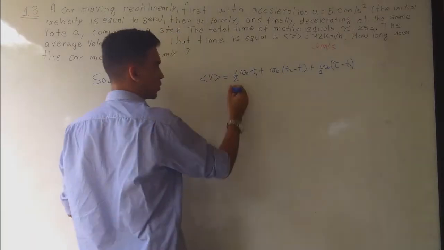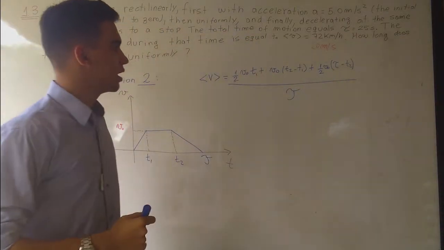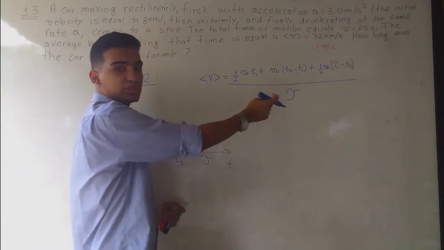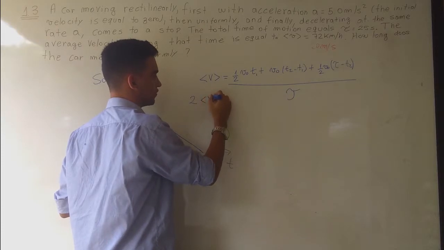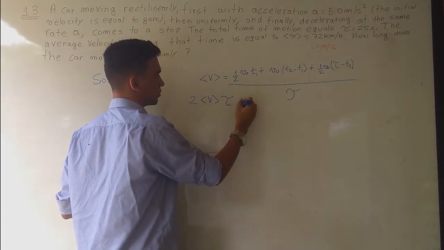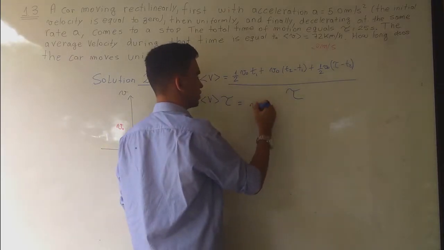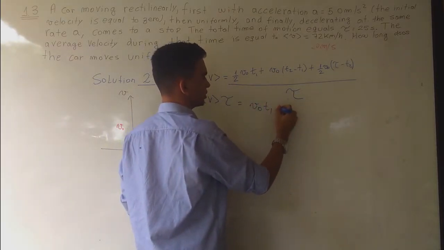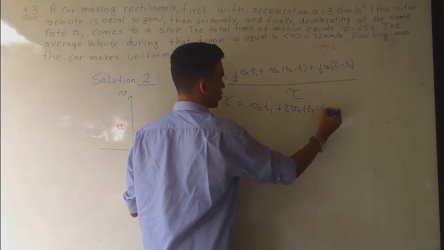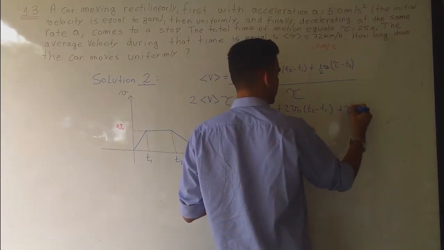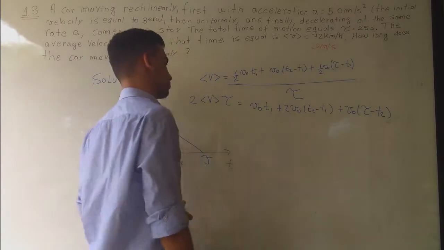So we can write it this way. And we can pass the tau multiplying. So 2 average V tau is equal to V0 T1 plus 2 V0 T2 minus T1 plus V0 tau minus T2.